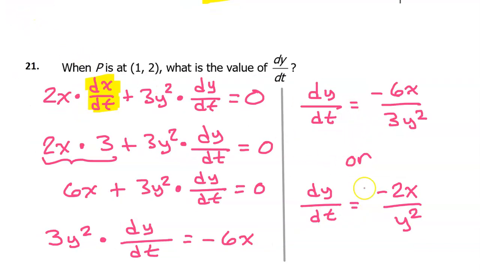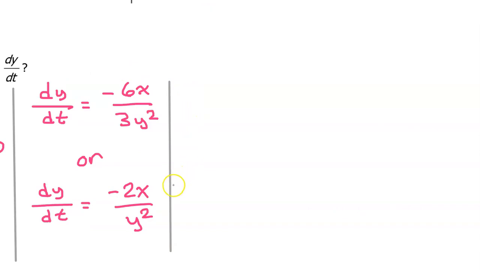Wait a minute, this is not the final answer. We need to evaluate when P is at (1, 2). Let's practice using proper notation for evaluating a derivative at a point. So we would write dy/dt, and to show that we are evaluating at a point, we put a vertical line and write the point at the bottom of the line.